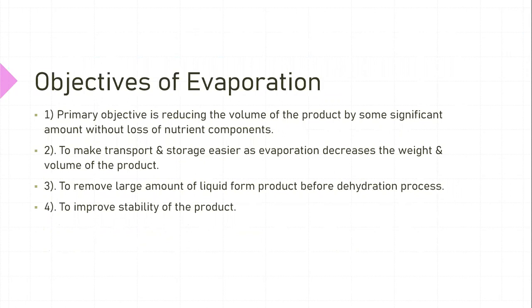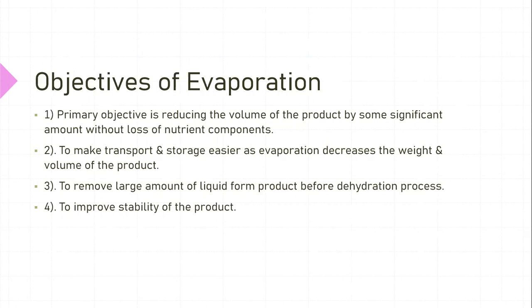What are the main objectives? As I explained in my previous slides, you should remember the main objectives. The primary objective is to reduce the volume of the product by a significant amount without loss of nutrient components, without affecting the nutritive components in it.